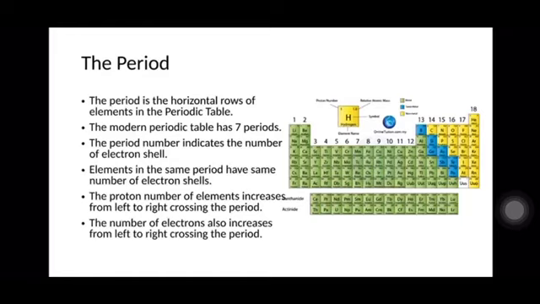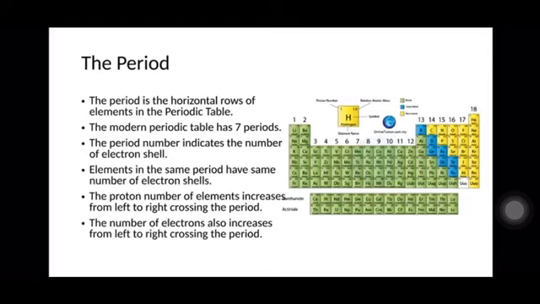So just revising. First, in the periodic table, the horizontal rows of elements are what we call periods. They run horizontally, from left to the right. So all of these are periods. That's why we have period 1, period 2, period 3, period 4, period 5.